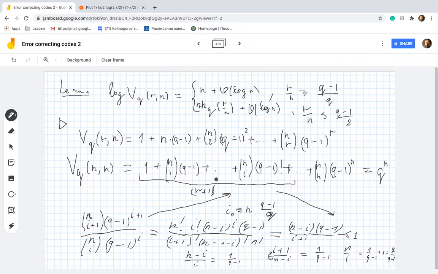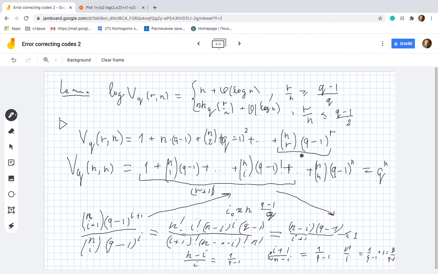Otherwise, when r is less than that i0, we have the sum of some terms which increase. So the sum, up to a factor of n plus 1, or to be more precise, up to a factor of r plus 1, is equal to its largest term. So in that case the size of the ball is equal to the last term, to this one.